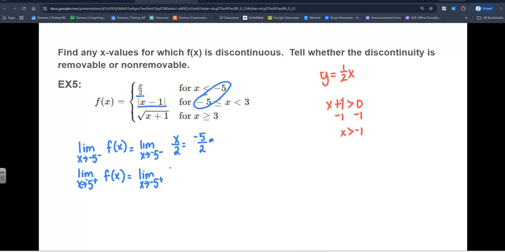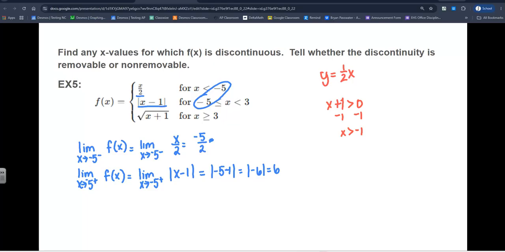So that's going to be absolute value of x minus 1. So I'm going to plug in -5. Right there, it's a -1. That's going to give me absolute value of -6. What is the absolute value of -6? 6. Okay, so my limit from the left is -5 over 2. My limit from the right is 6.